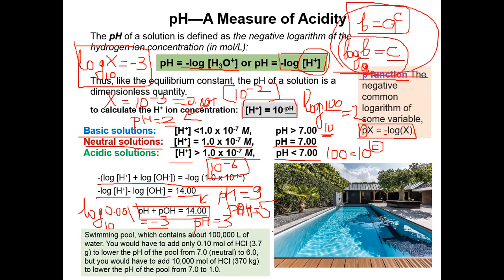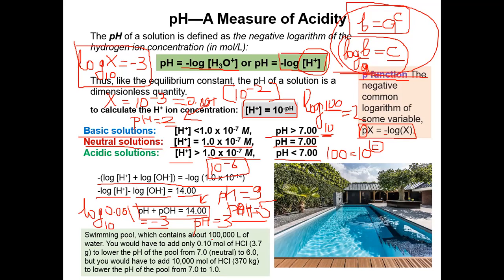So it says over here, if you have pH more than 7, it's going to be basic. And if pOH is less than 7, it's also basic. Right, exactly.